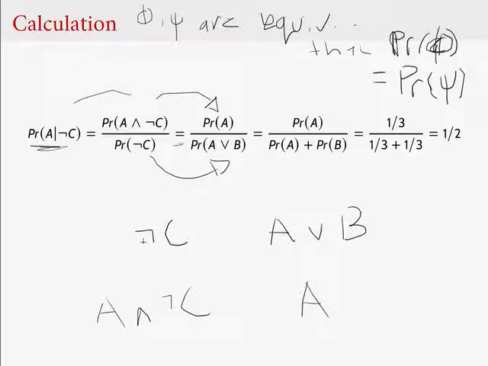That's because not C is equivalent to A or B. And because not C is equivalent to A or B, the conjunction A and not C is equivalent to A. So since, again, not C is equivalent to A or B, we can rewrite this conjunction of A and not C as A and A or B. So let me do that.